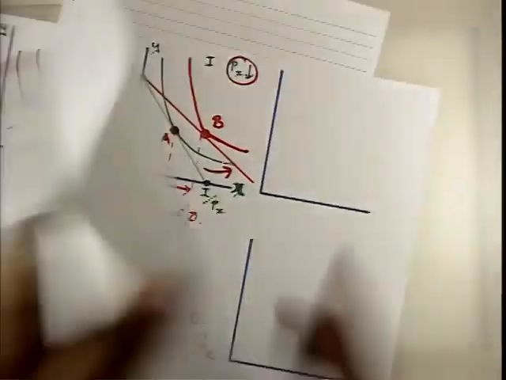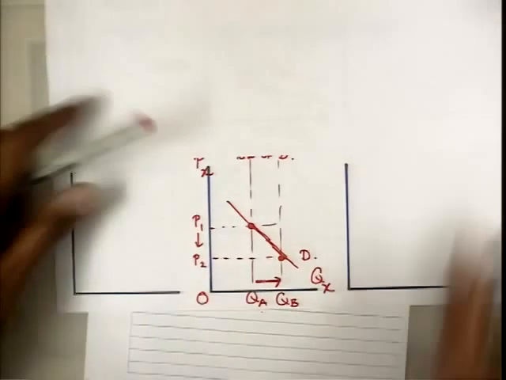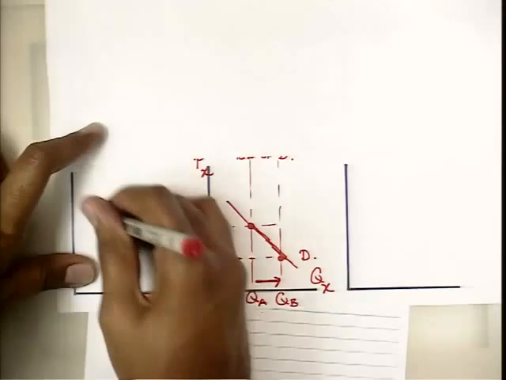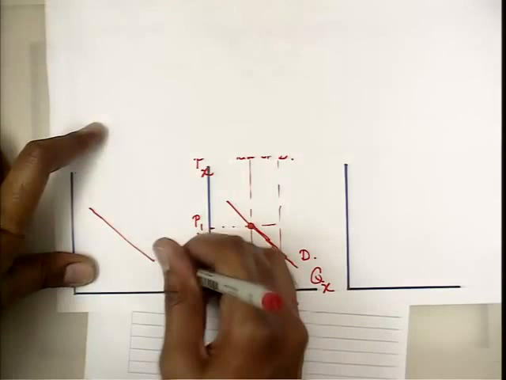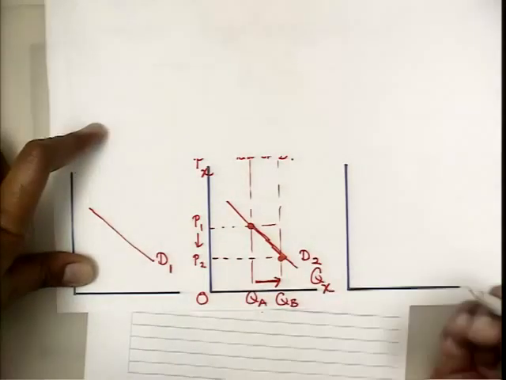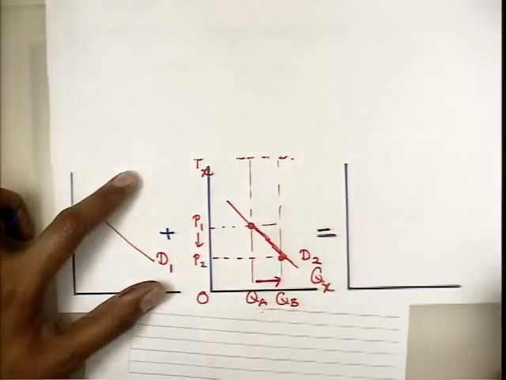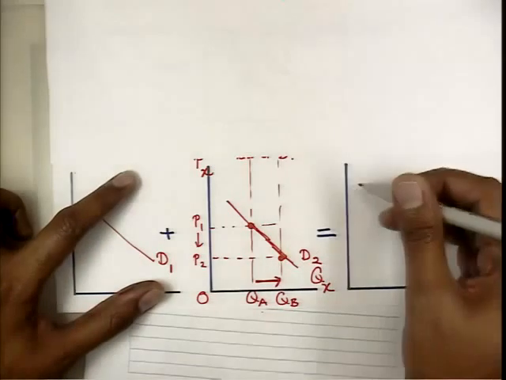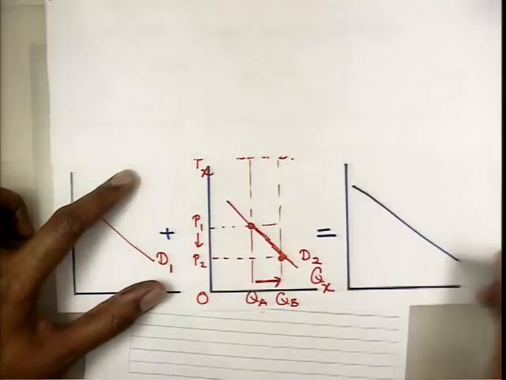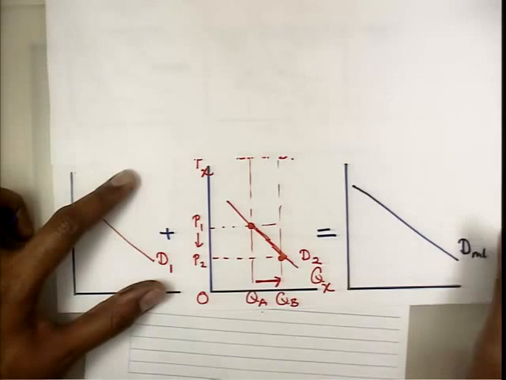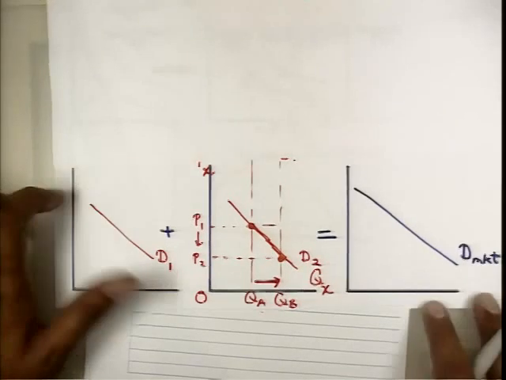If I did it for a few consumers, I'll have the demand curve for individual 1, the demand curve for individual 2, and the horizontal sum of two demand curves will give me the market demand curve, assuming that there's only two individuals in the market.